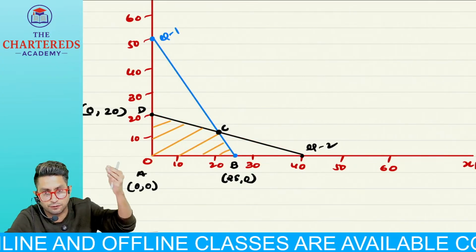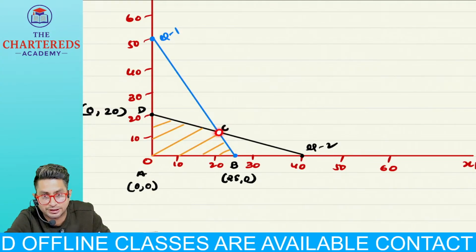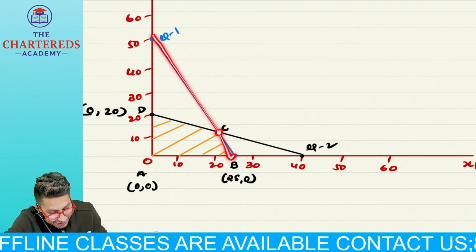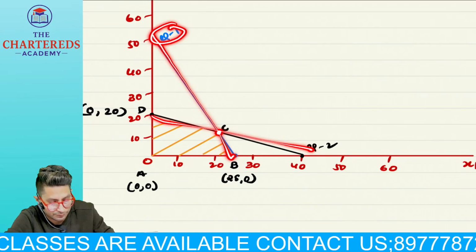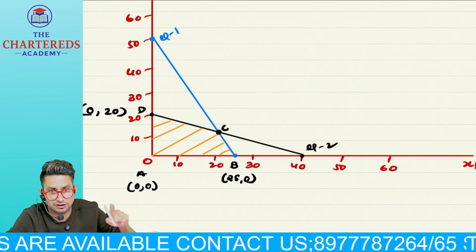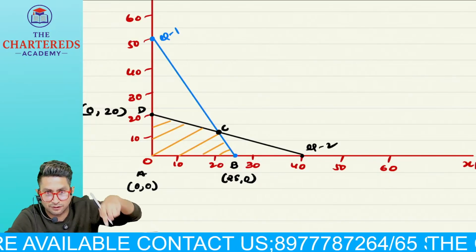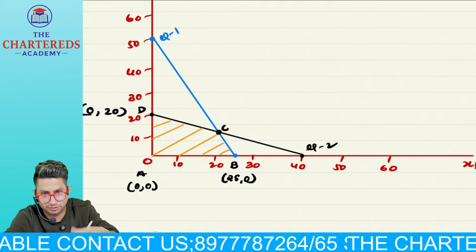If there are 3 or 4 equations like this, you have to find out. At point C the intersection point is there, right? Blue color line, black color line. Blue color represents one equation and black color represents the other. Like this you identify, because if more than one line is there on the graph, it becomes difficult. Clear? We have that type of problems also, maybe in the next class.